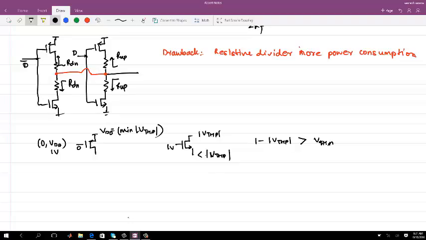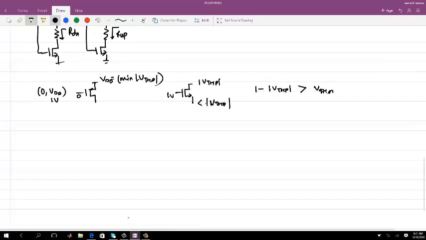So replacing the PMOS with the NMOS actually leads to a low swing output driver, which is also called an N over N output driver.